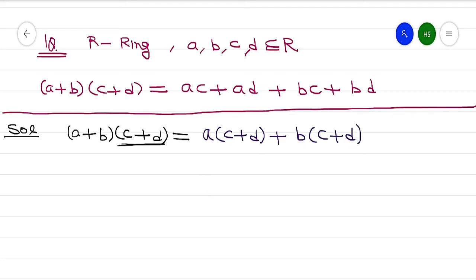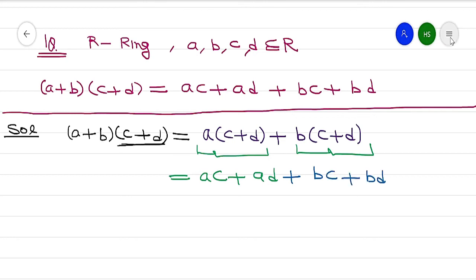Now there is one element here, one element here. Again apply the distributive law here. So this is ac plus ad, and in this case bc plus bd. So which proves our result. Here we apply the distributive law because the distributive law holds in the ring.